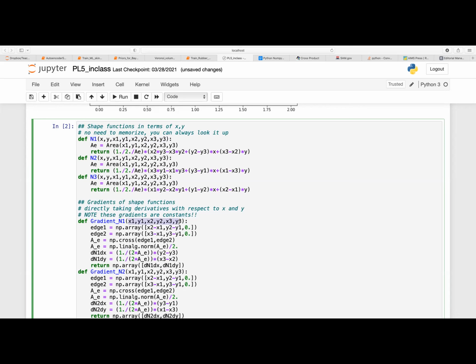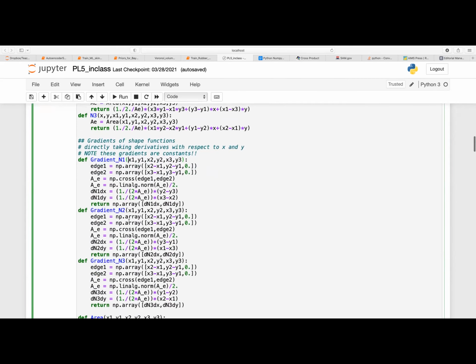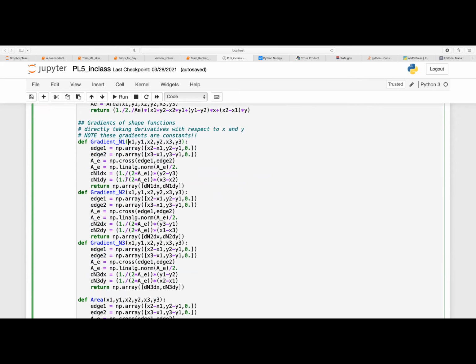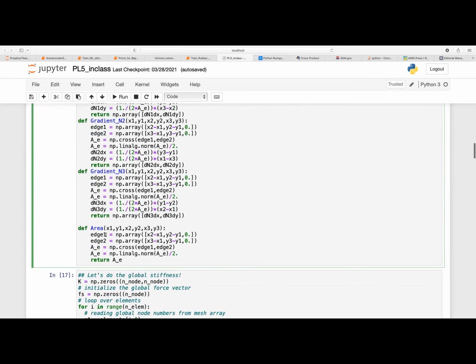If you actually take the derivative, then they are constant, so no need to pass xy. Technically, they are functions of xy, it's just that they are constant. So I don't pass them. But you could have xy, it's just that it wouldn't be used. And then the function to calculate the area of the element.